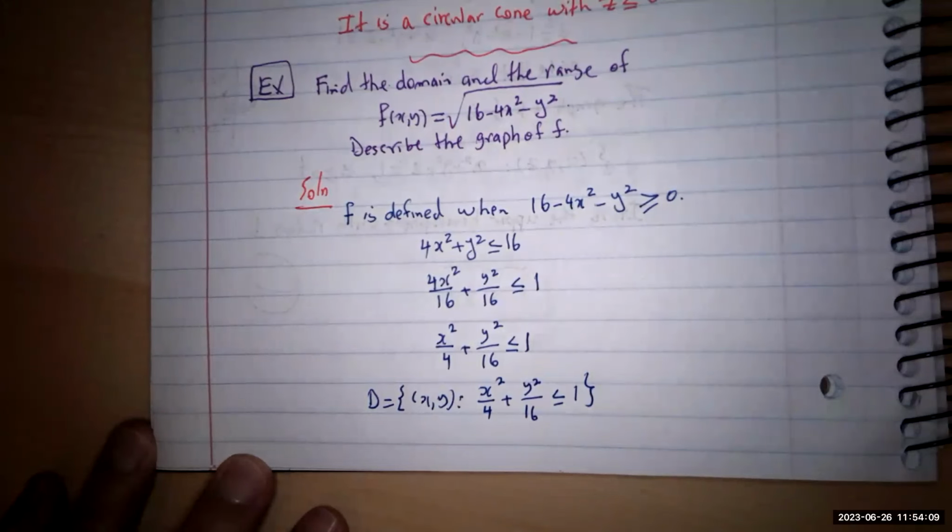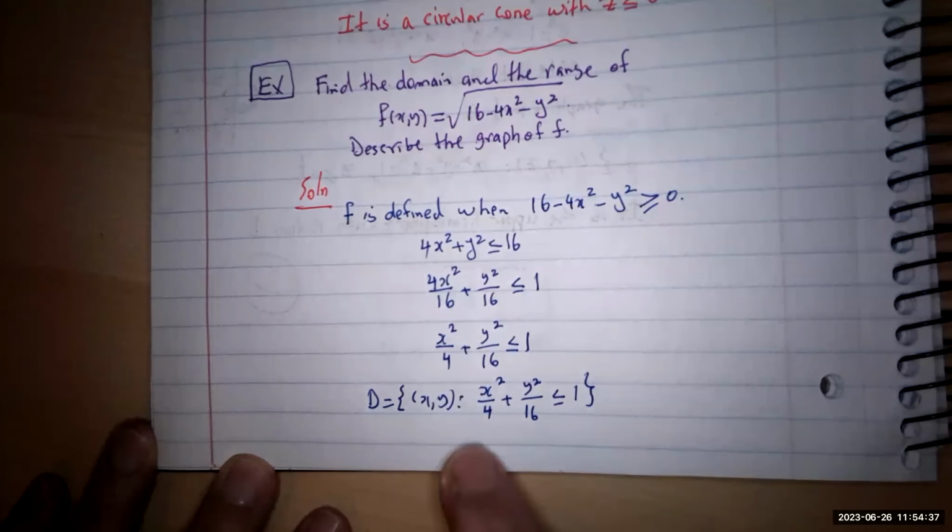Any question? Can you describe it in geometry? What does this domain represent? Yes, ellipse. That's going to represent the points inside. It's going to be the points inside an ellipse.